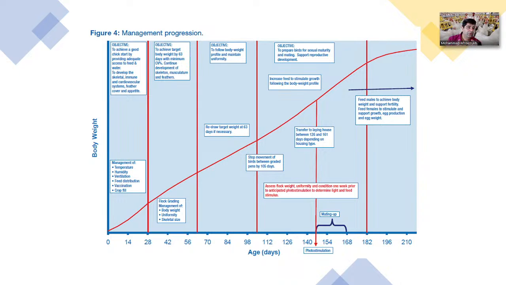I will show you a calculation example in the next video for sure, so you can understand the concept of CV. So during the next phase, again, our objective is to follow the body weight profile and maintain uniformity.